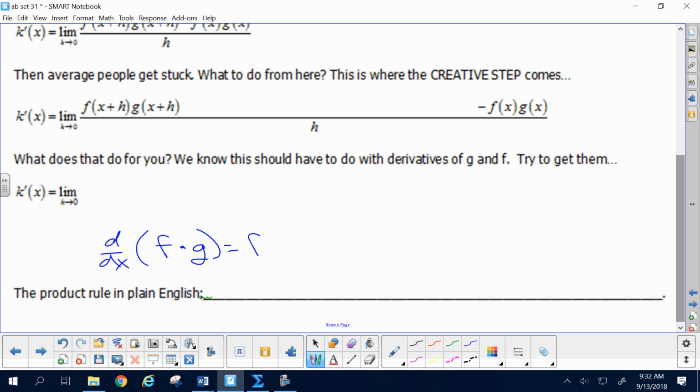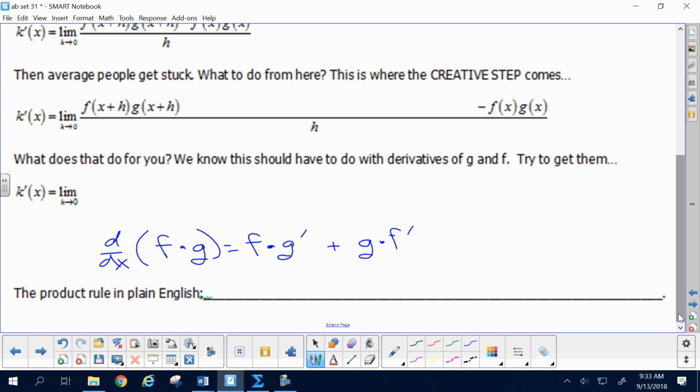First stays the same, so f stays the same, times the derivative of the second, which is g prime. And then add, second stays the same, so g, times the derivative of the first. They each get a derivative taken, but while that's happening, the other one stays the same.